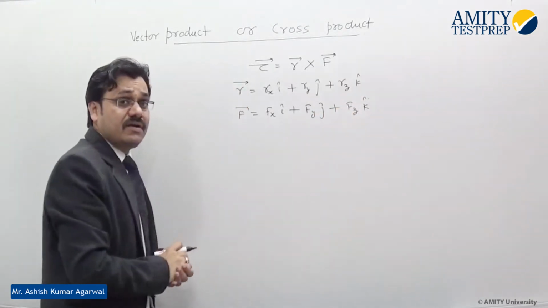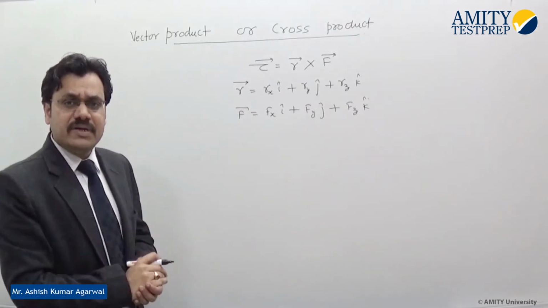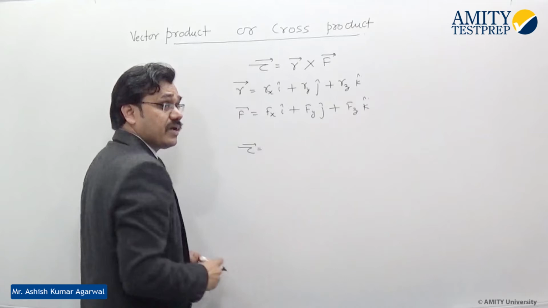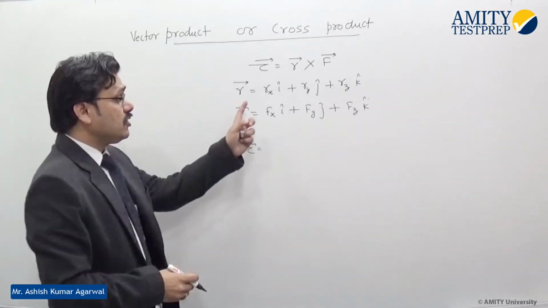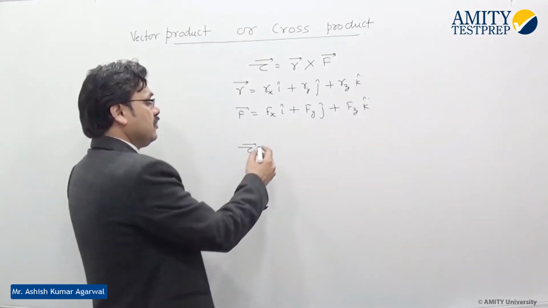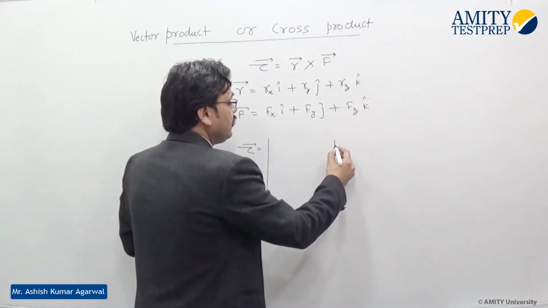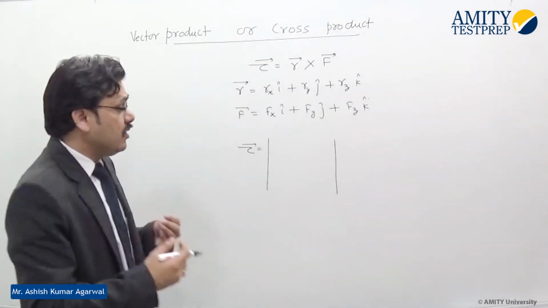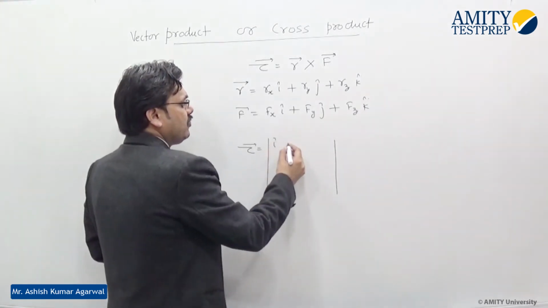If you write it like this in the form of components, and if you want to find the torque, how can you find it? You have to cross multiply these two vectors. How do you get that cross multiplication? There is a formula; you have to solve this by the determinants method. For this you have to put the unit vectors first.